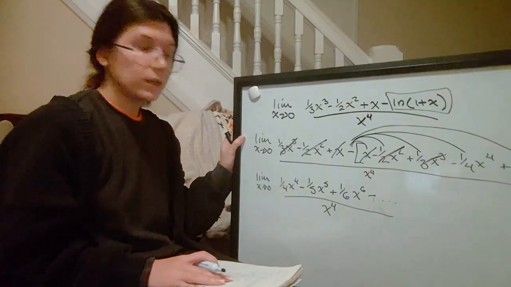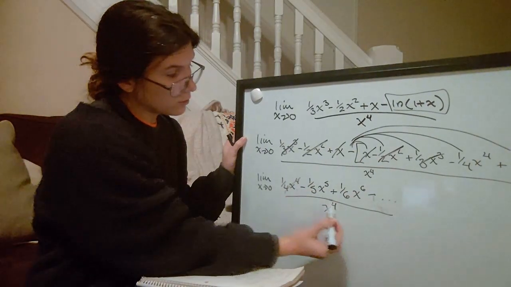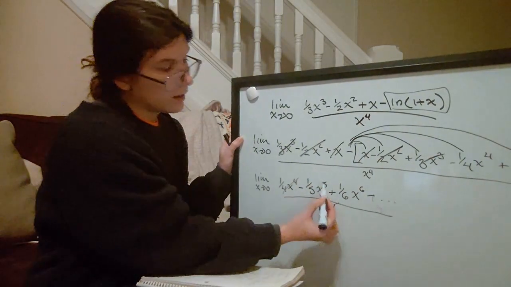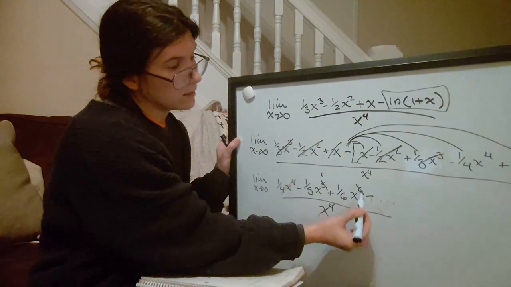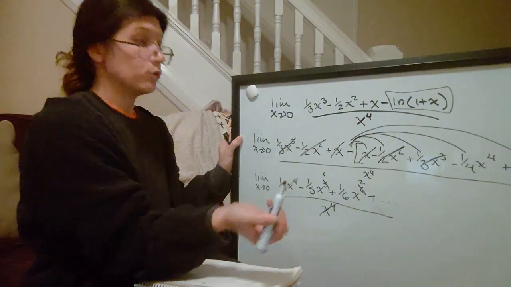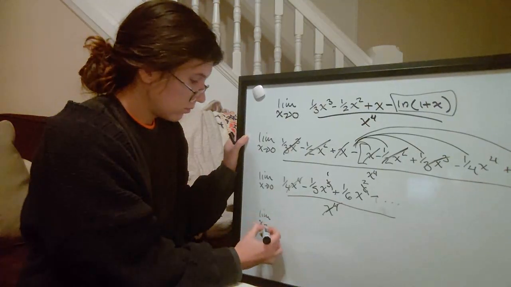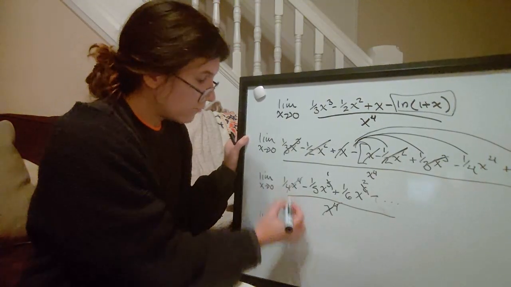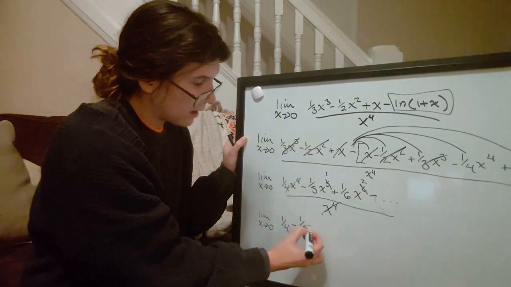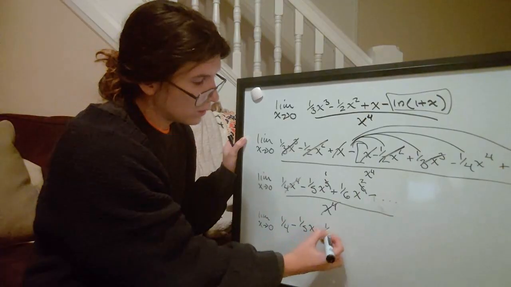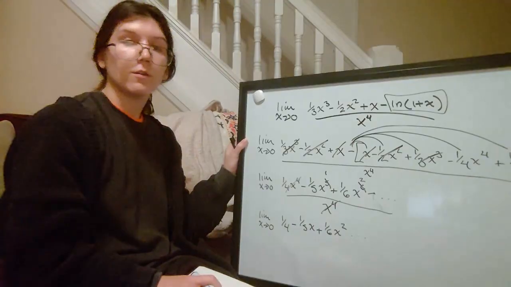So now all I need to do is divide each thing by x to the 4. I have an x to the 4 here, so those cancel. I have an x to the 5 here, and that reduces to x. I have an x to the 6 here, that reduces to x squared. So if I rewrite all these now, I have just 1/4 minus 1/5 x plus 1/6 x squared, so on and so forth.